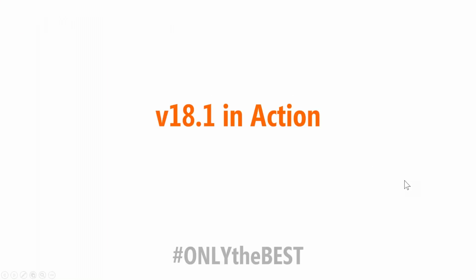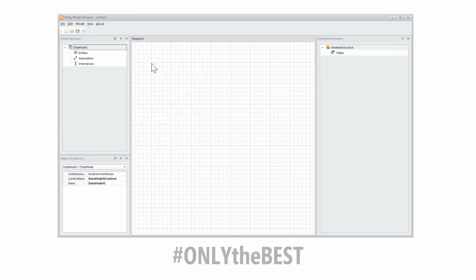Now, all that said, let's do some in-action type demos. The first one I want to show you is our entity mapping framework. It's an object relational mapping, ORM, tool that helps you code up data access and management by converting your database schema into classes and properties and collections for use in code.